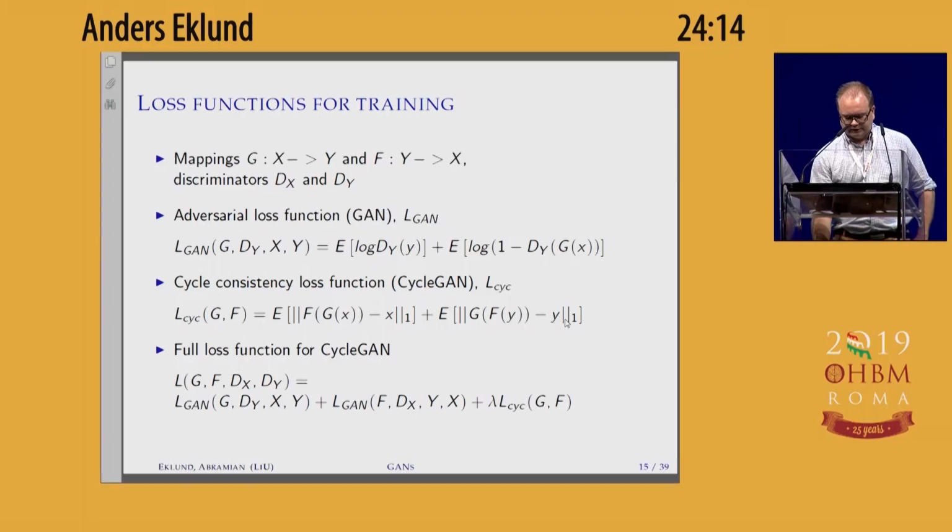And then we use the L1 norm to get the scalar from these two different images. So the full loss function is one adversarial loss for each generator, and then this cycle consistency loss. And lambda controls how important the consistency loss is compared to the adversarial losses.